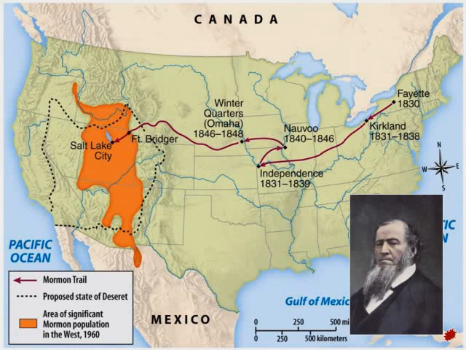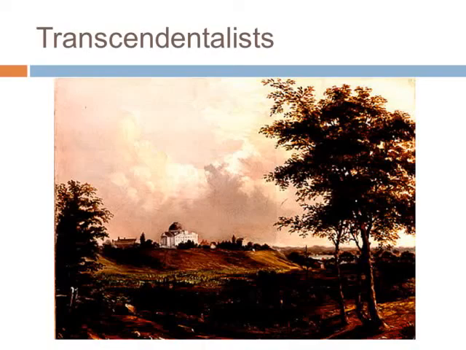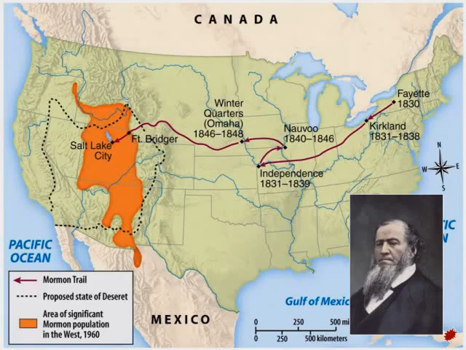Led by whom? Brigham Young. By the way, we never talk about it, but there is a secret war that President Polk fought with the Mormons because the Mormons set up their own government and army. Huh? Yes. And so you have this secret war that happens between the government and the Mormons. Interesting stuff.